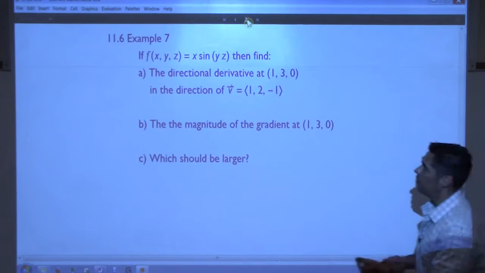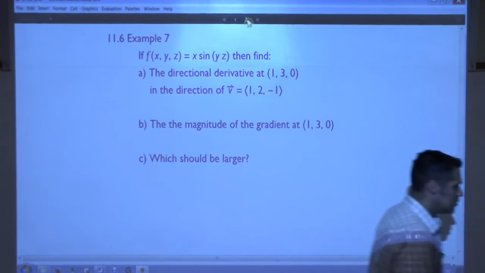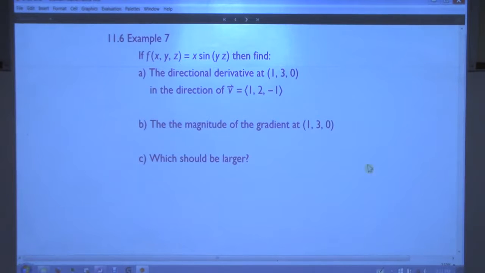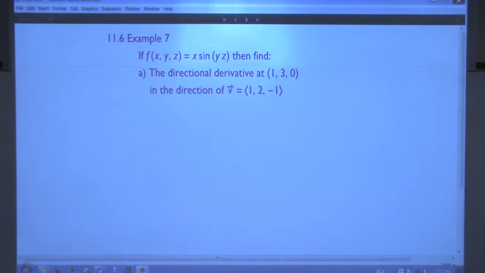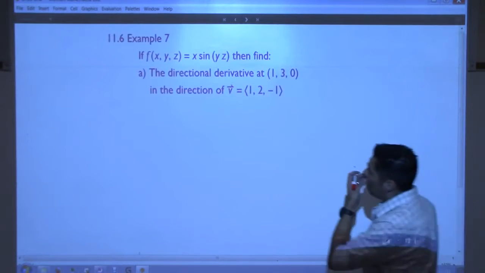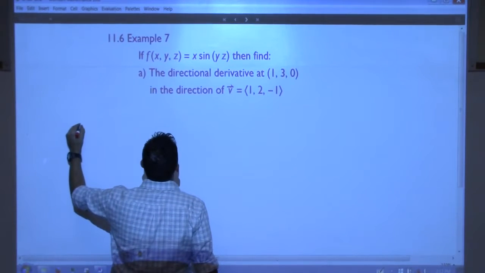Yes? Okay. So let's do part A. For part A, I need the directional derivative, right?